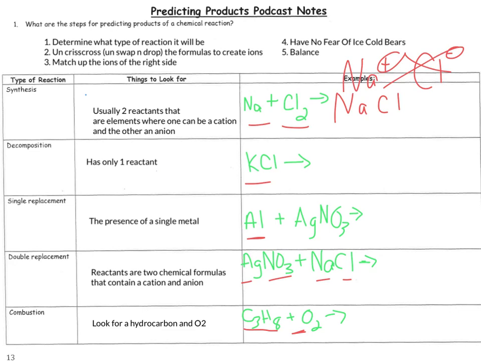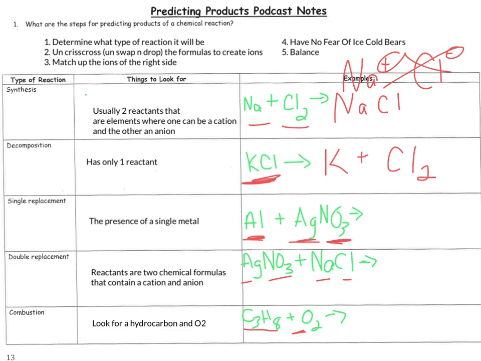Now, a decomposition reaction, the only thing that compound can do is come apart into its counterparts, potassium and chlorine. So I know it's going to be a decomposition. But one thing I've got to make sure of is have no fear of ice cold bears. Chlorine will be diatomic.